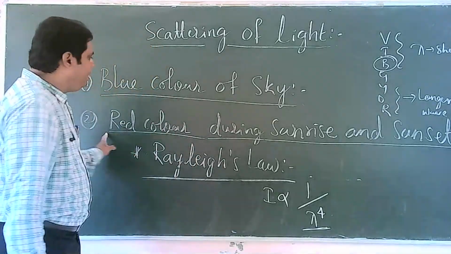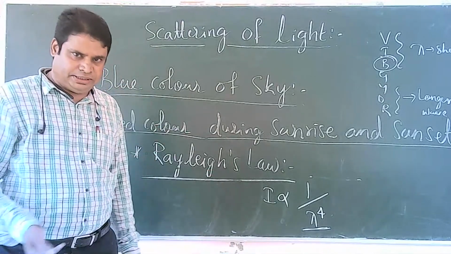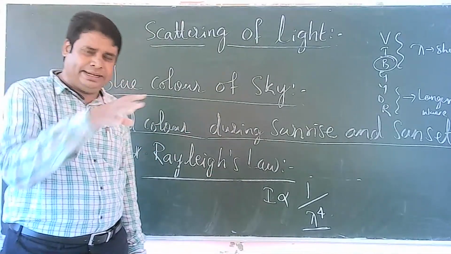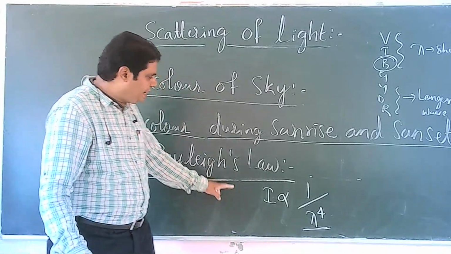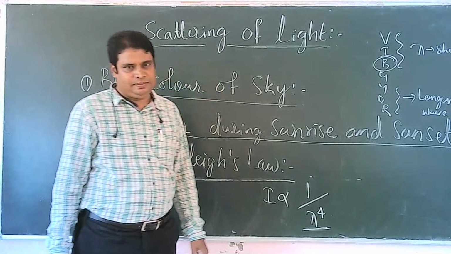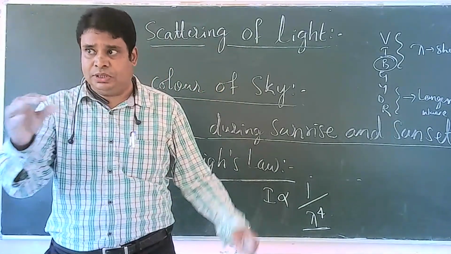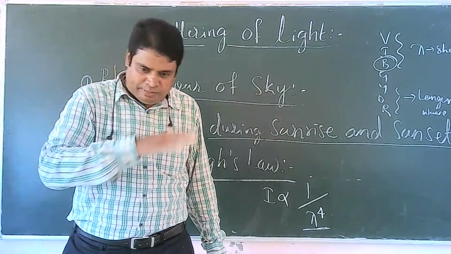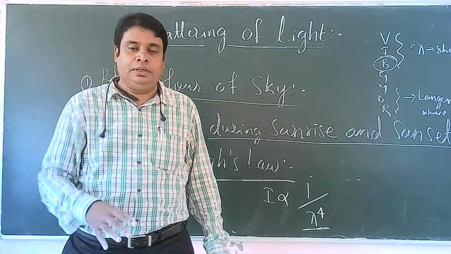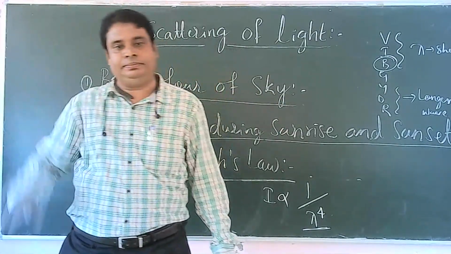What is the reason for the red color during sunset and sunrise? Same reason, Rayleigh's equation. During sunrise and sunset, light has to travel a longer distance in the atmosphere.